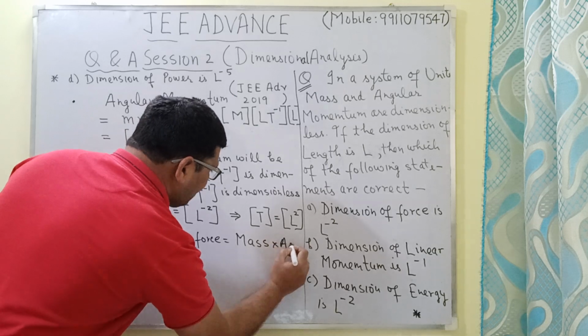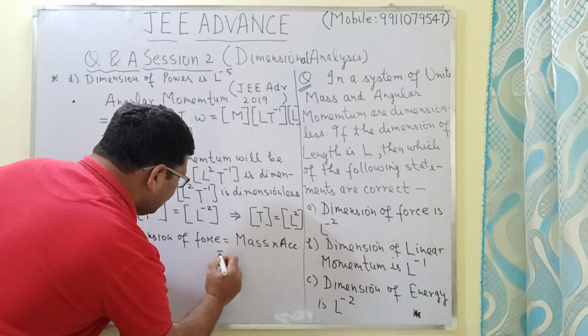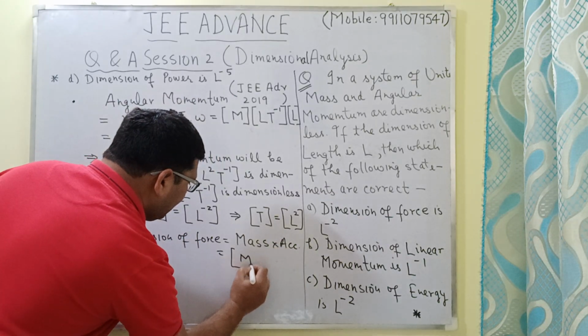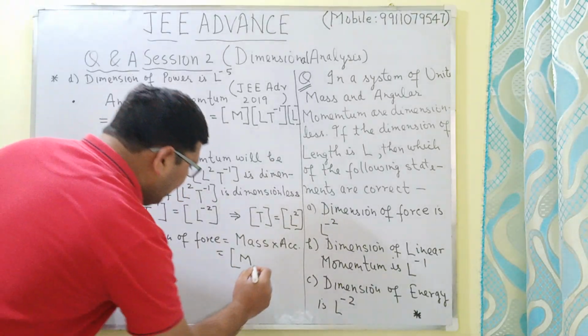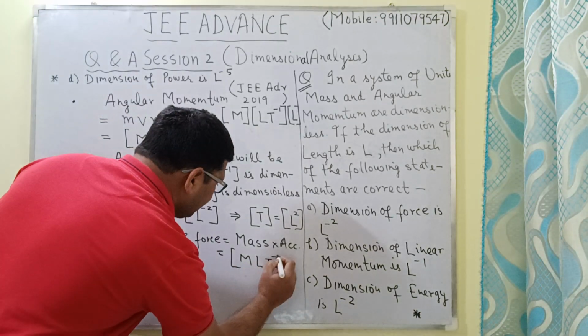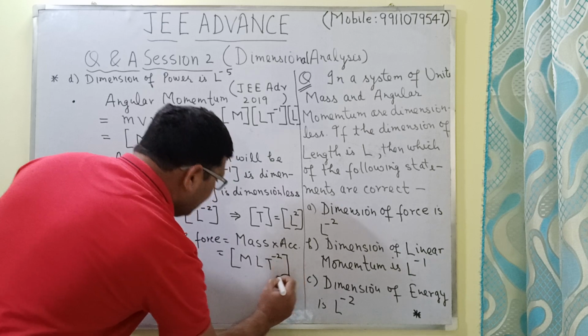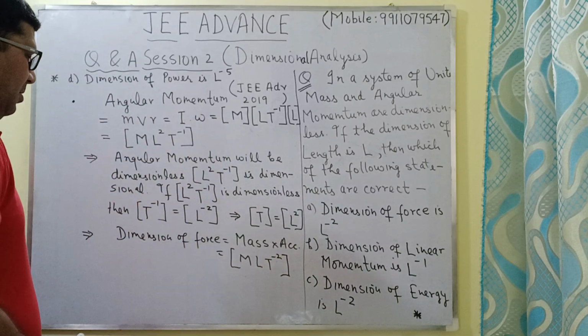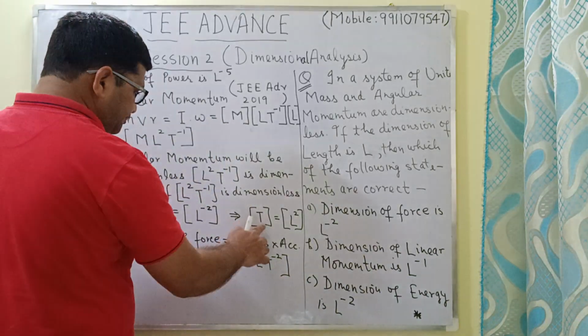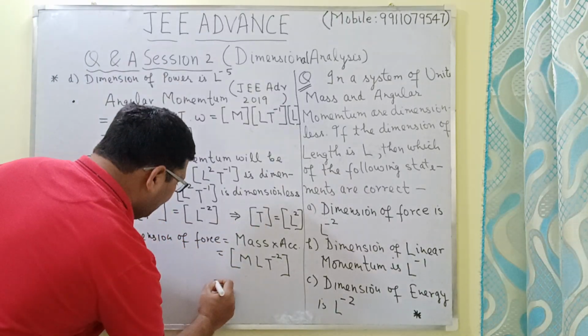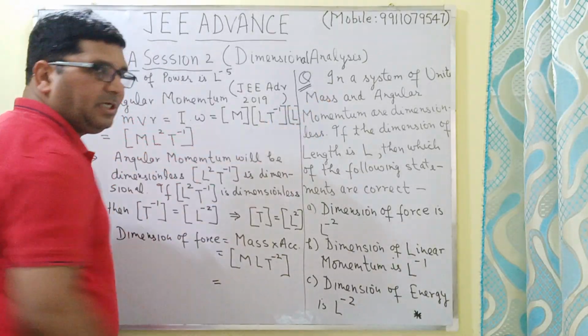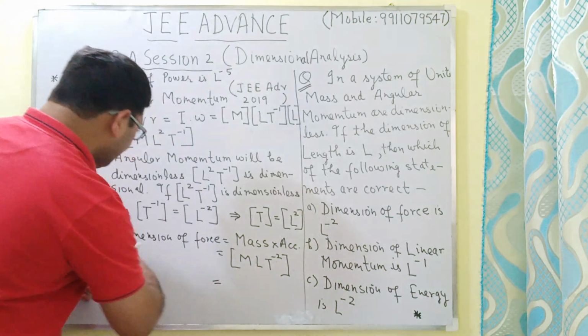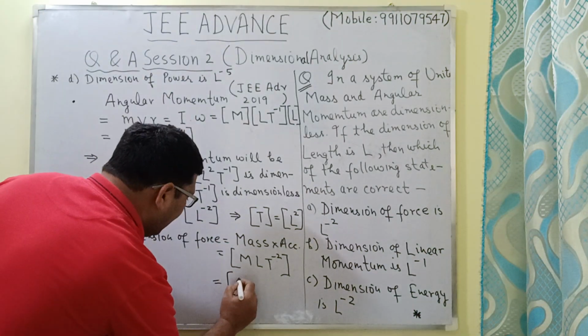So I am just writing it here in short. The dimension of mass is M, and the dimension of acceleration is L T minus 2. Now here mass is dimensionless in a particular system of unit. So the dimension of force will be equal to L.